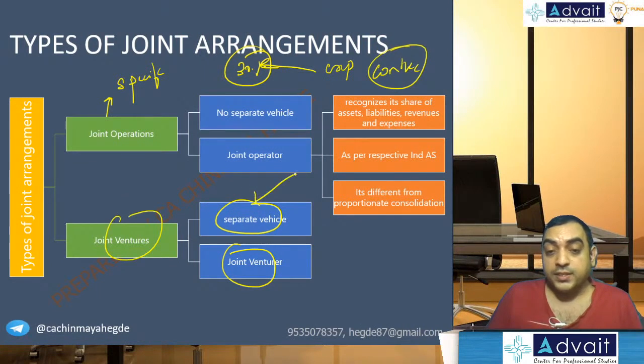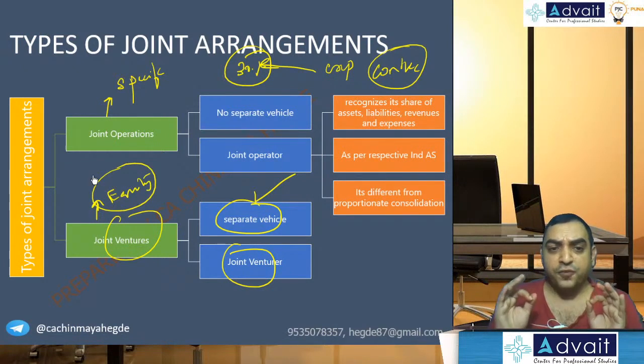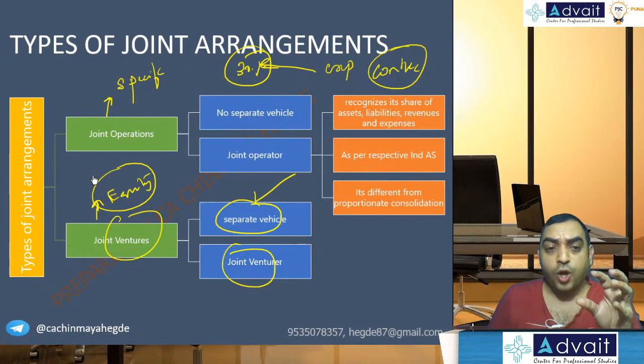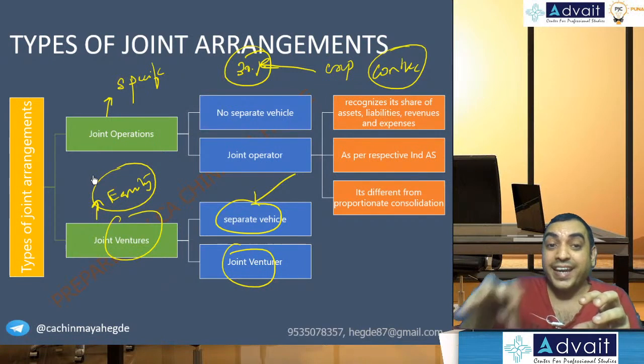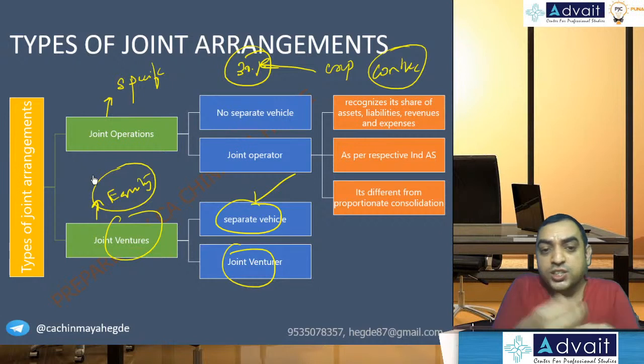But joint venture means a separate vehicle is arranged. So in joint venture, we are going to apply the equity method of accounting. Are you able to get the difference, my dear friends? Difference between joint operations and joint venture entity. Joint operation means a common set of transactions will happen.